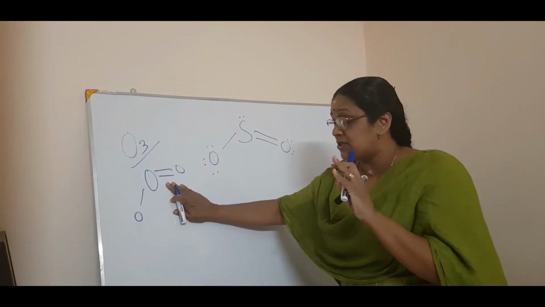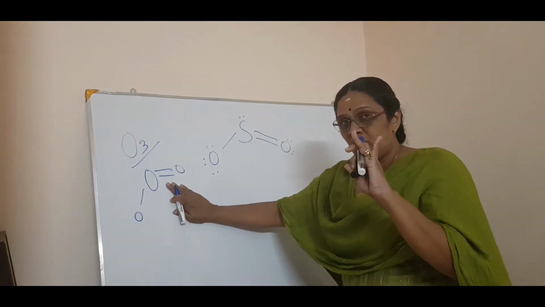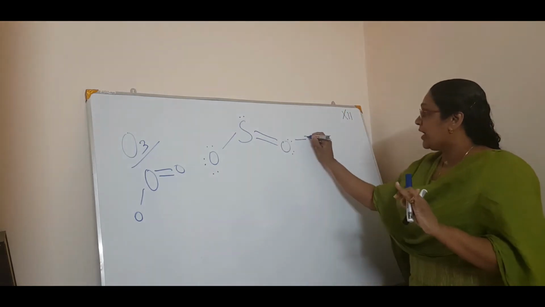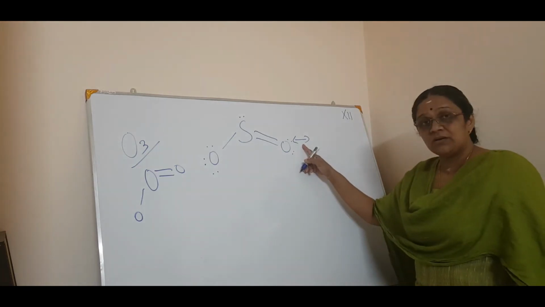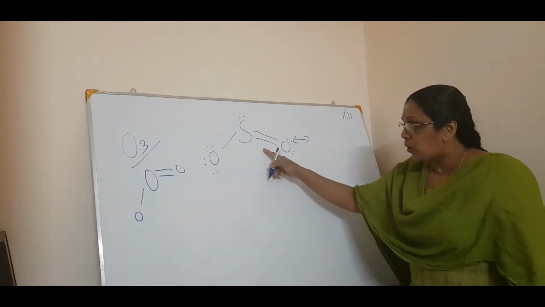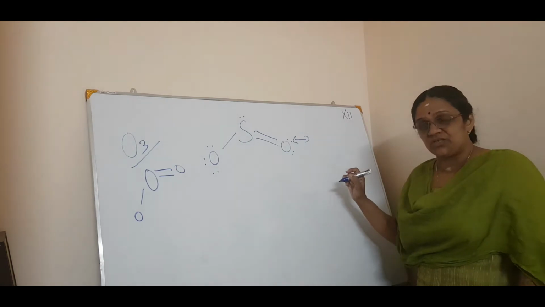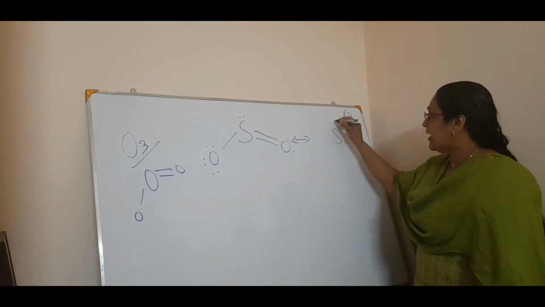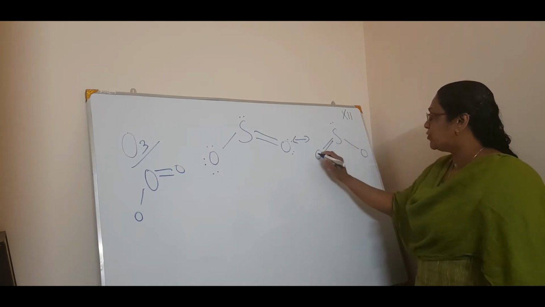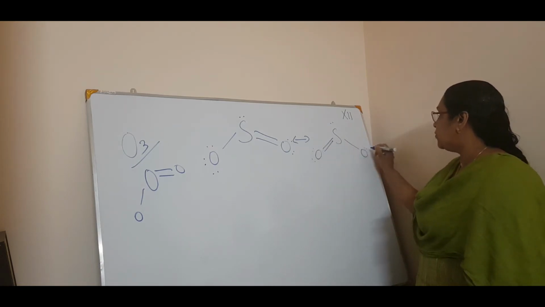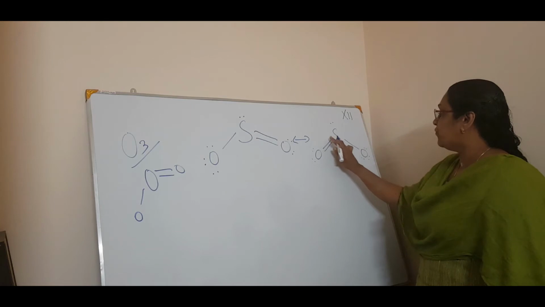Now this is just similar to the ozone structure. Ozone, you draw two structures, isn't it? So in the same way, you can have it in resonance with this. So we are going to write the resonating structure. You will write a resonating structure like this. See? 2, 4, 6, 8. And here 2, 4, 6, 8.